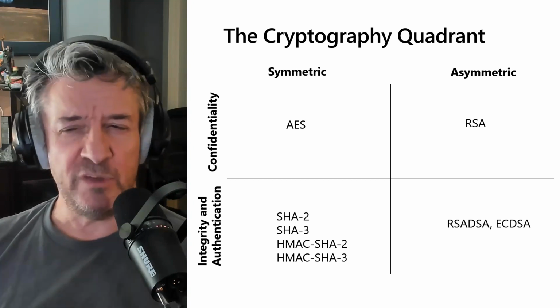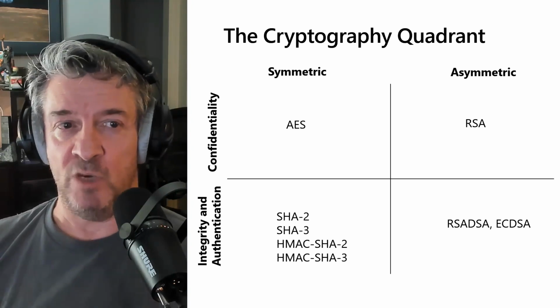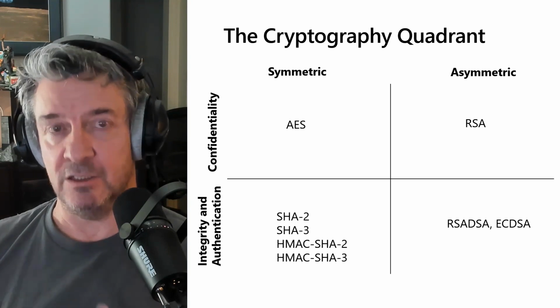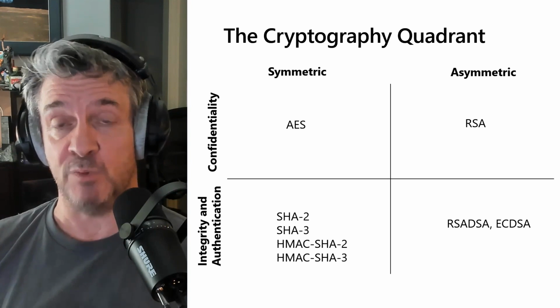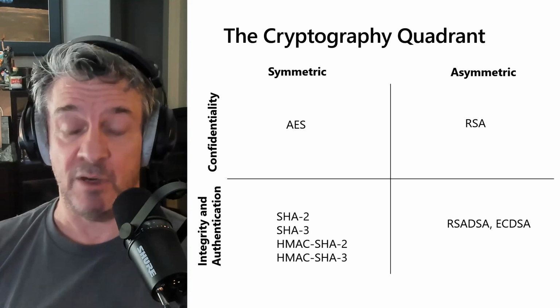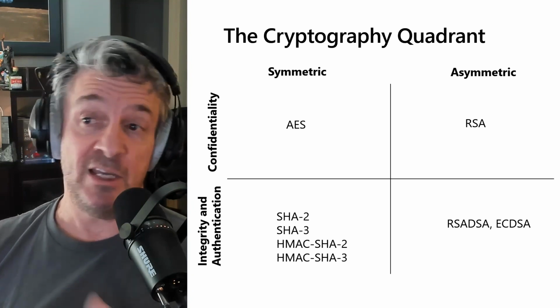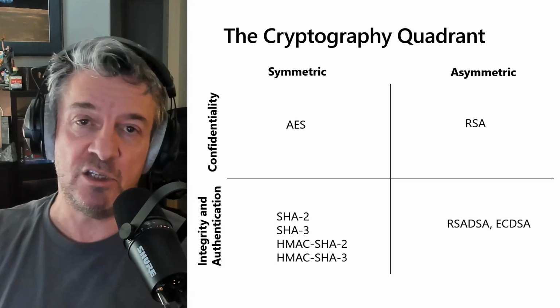Now, before I move into the features in SQL, I really want to give you an idea of the different controls that you have at your disposal, and most importantly, provide a little bit of structure when it comes to thinking about those controls. And there really is this cryptographic quadrant of the various controls, and there's symmetric ways you can do that.